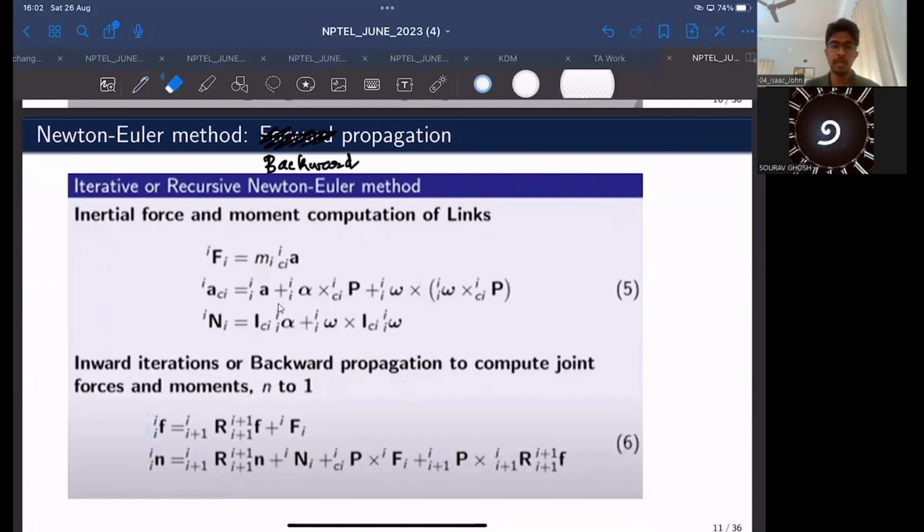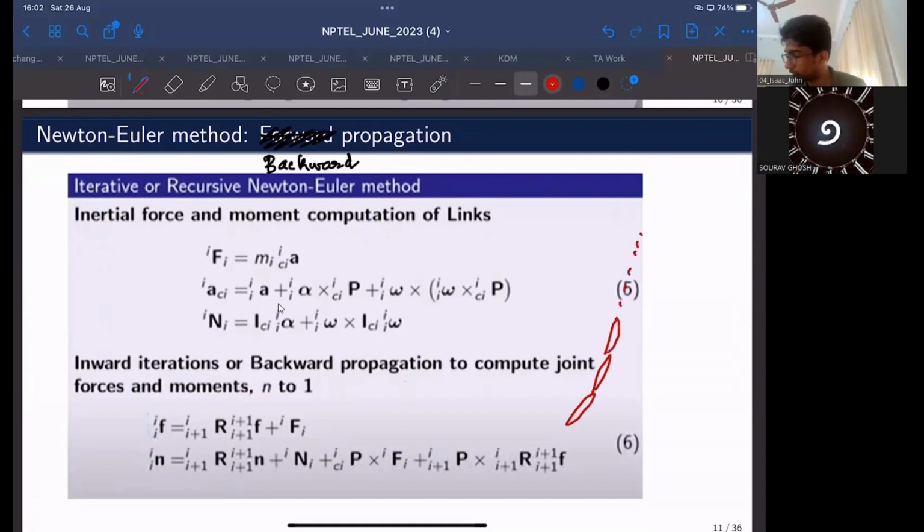So earlier we have seen how to propagate forces. Now, if we are given an n-link manipulator like this, I'll roughly draw. This is the end effector frame, and we have a 0th frame.